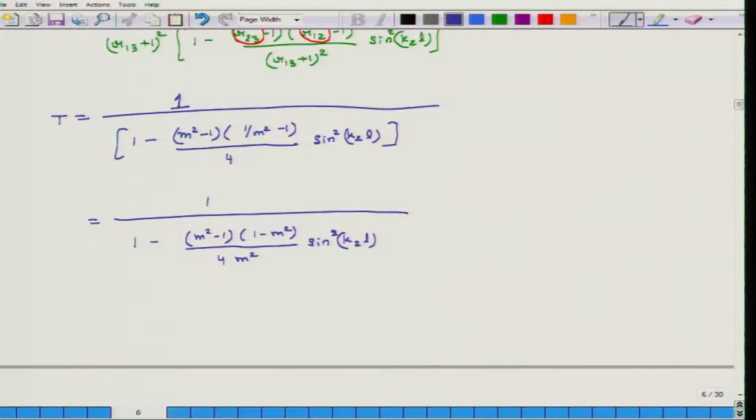Okay. So m square minus 1 times 1 minus m square is the same as (m square minus 1) the whole thing squared times minus 1.